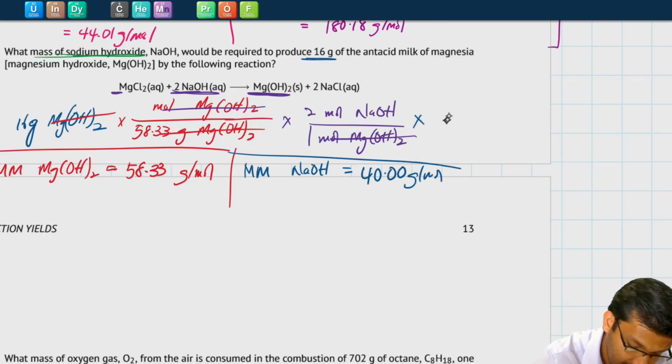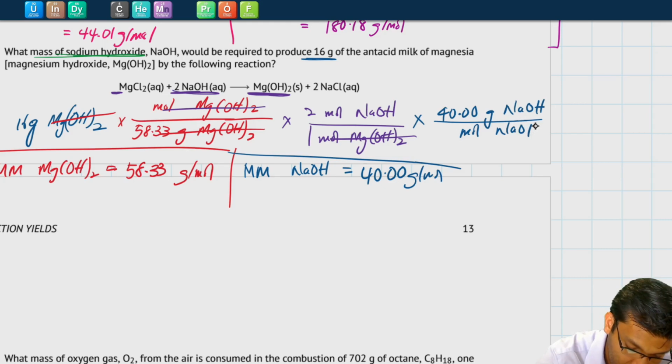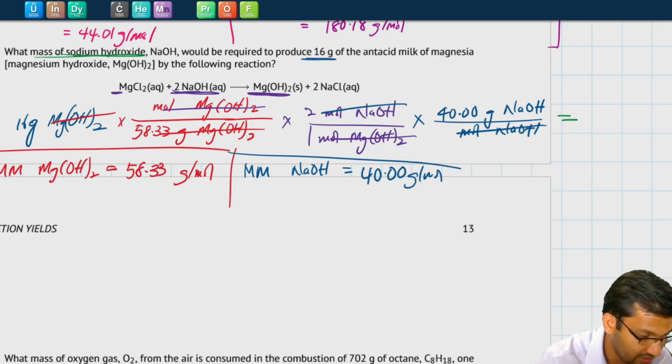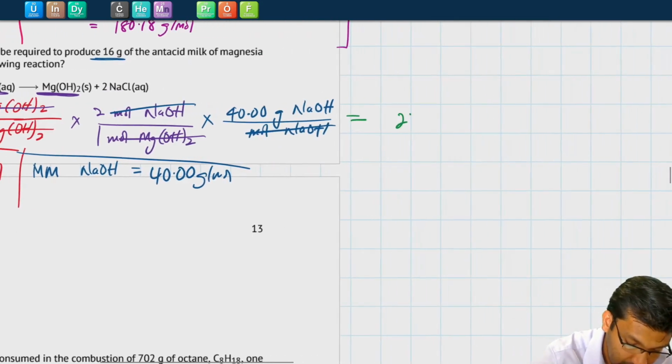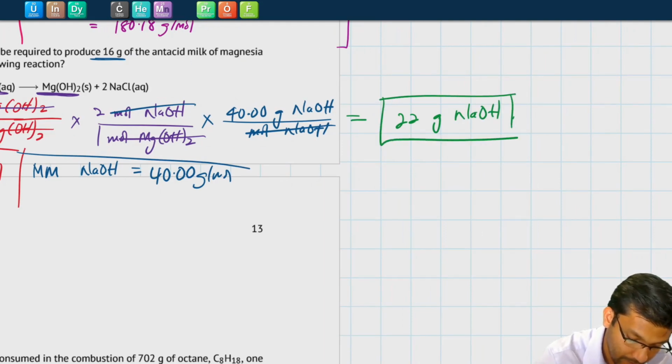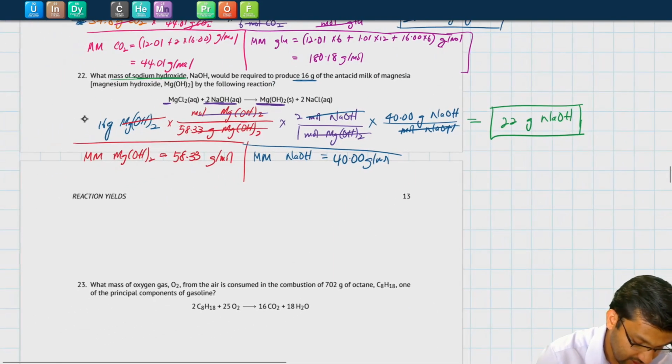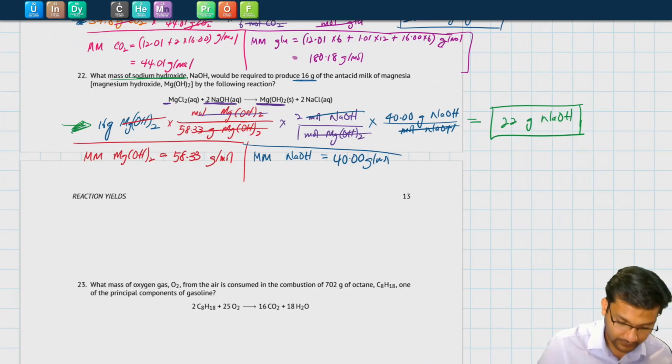So 40.00 grams of NaOH per mole of NaOH. Then we're left with mass of NaOH, and if we plug all of these numbers into our calculator, that gives us 22 grams of NaOH as our answer, to 2 sig figs, because we started with 2 sig figs.